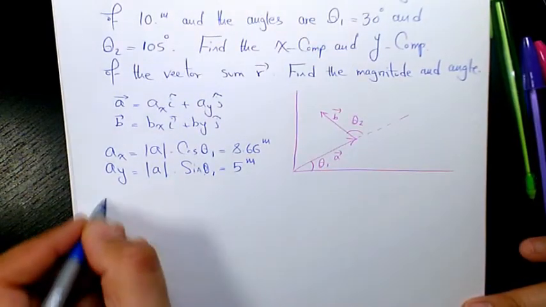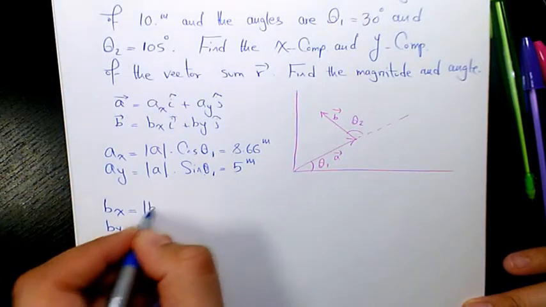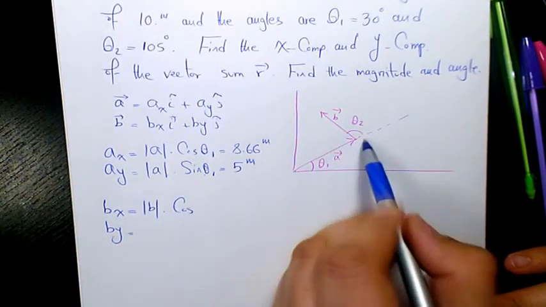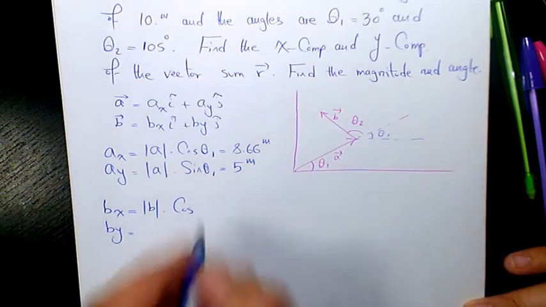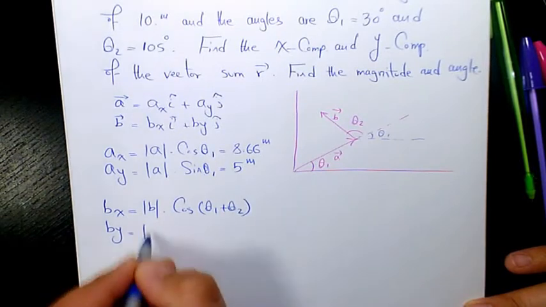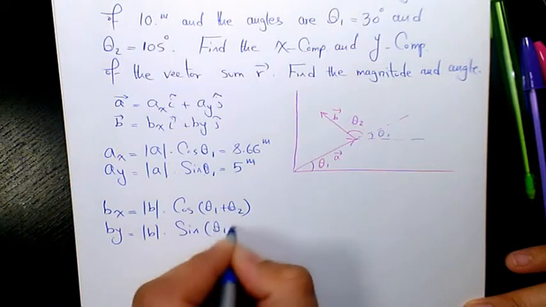Now Bx and By. It's going to be the magnitude of B times cosine. When you have this one, that's going to be theta 1, and this one is theta 2, so it's going to be cosine of theta 1 plus theta 2. And By will be sine of theta 1 plus theta 2.